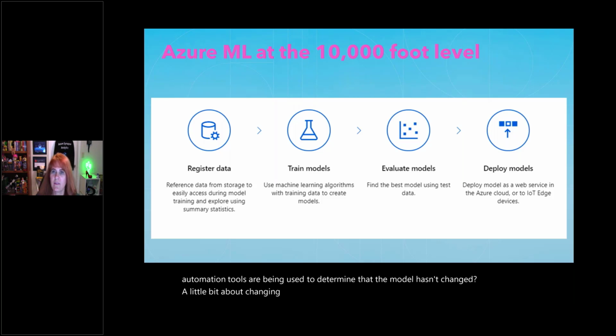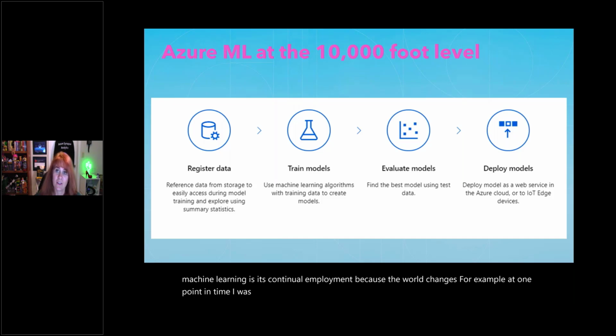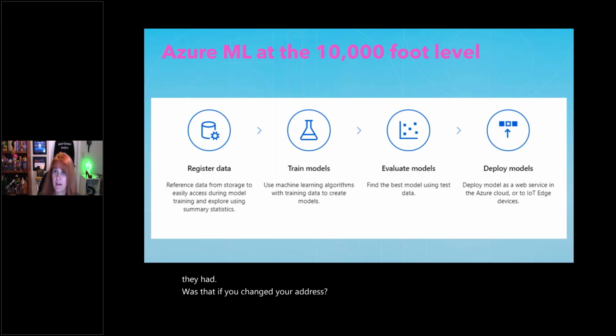One thing that's really fun about doing data science and machine learning is it's continual employment, because the world changes. For example, at one point in time, I was working at a very large credit card processor, and one of the rules that they had was that if you changed your address to Hollywood, Florida, they would probably put a stop on your credit card and give you a call.